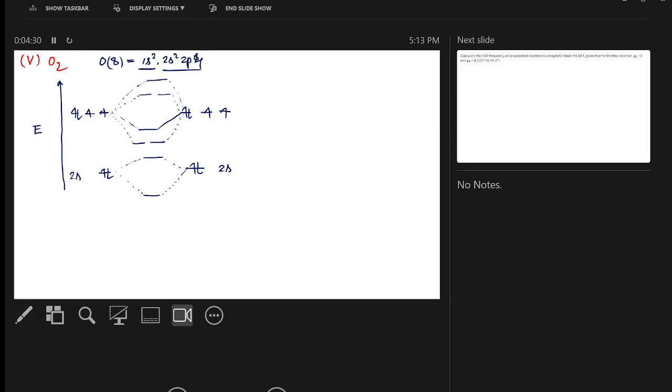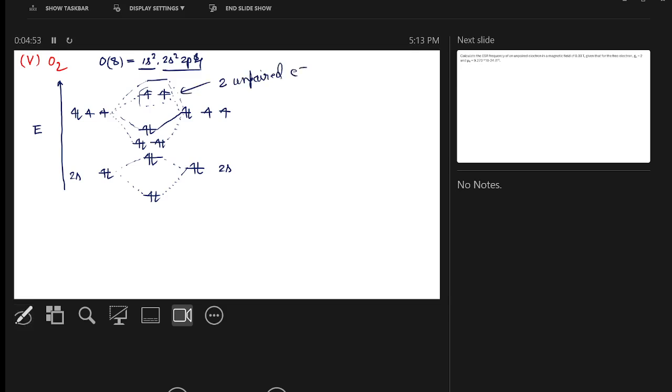Let's try to fill the electrons. We'll have a total of 8 electrons, so 2 will go here. So you can see here 2 unpaired electrons.